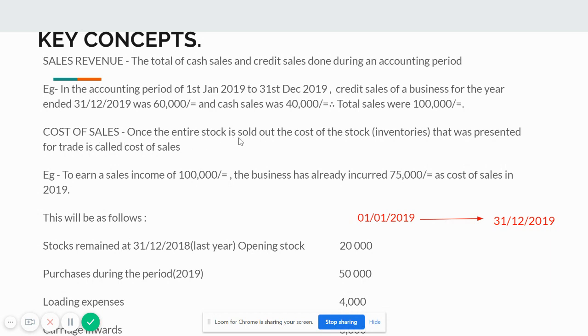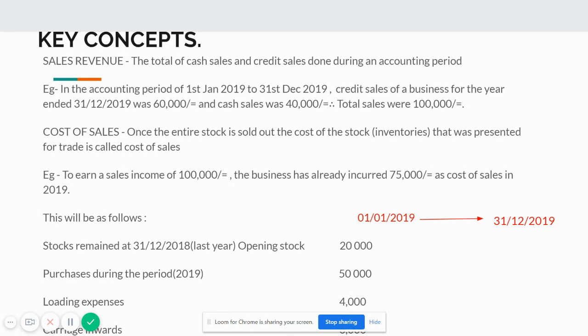Once the entire stock is sold out, the cost of the stock or the inventories that was presented for trade is called cost of sales. For stocks, another name will be the inventories. Actually, what do you mean by a stock of a business? If you are selling fruits, your stock will be the fruits which you have in your business.